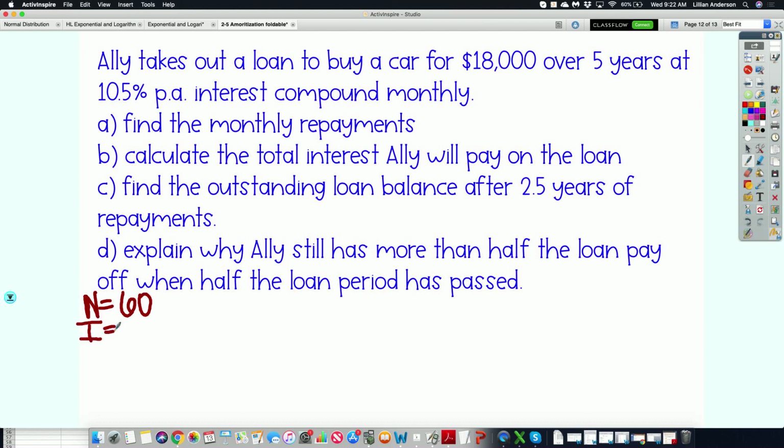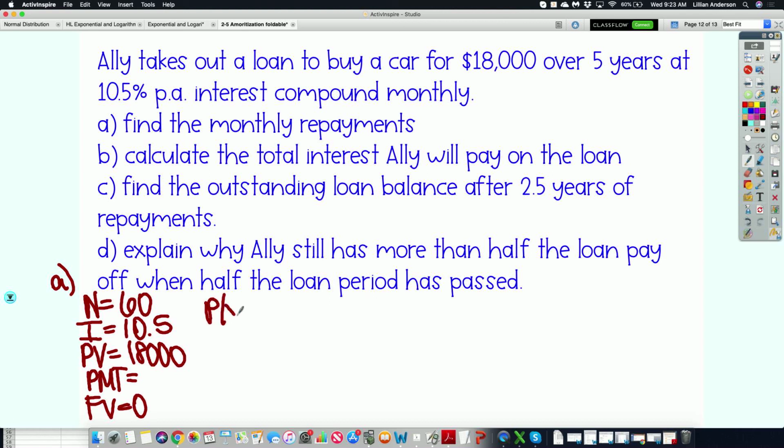What's I? 10.5. We always put it in as a percentage. What's PV? 18,000, because that's how much she initially borrows from the financial institution. PMT? We're trying to solve for that, so we just leave that alone. FV? 0. PY and CY?